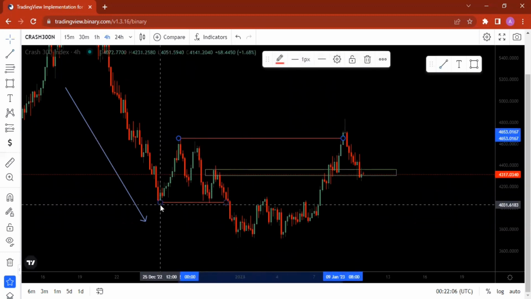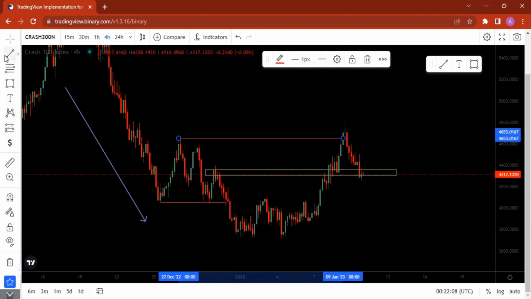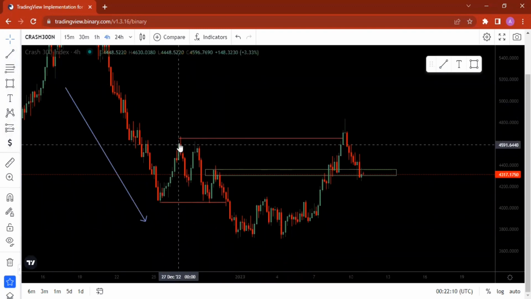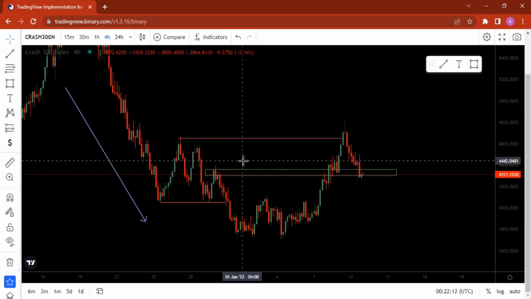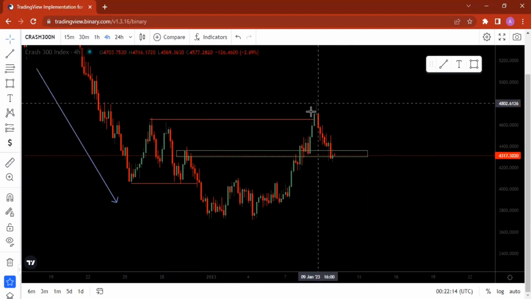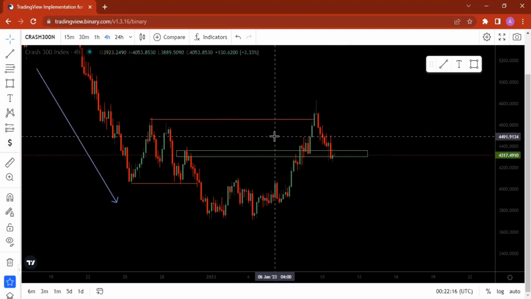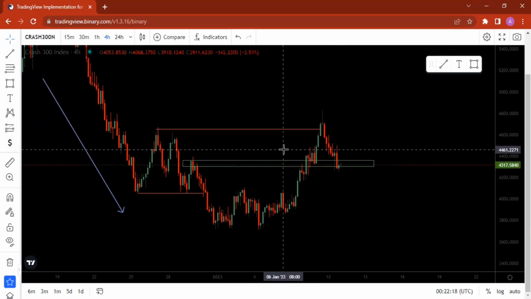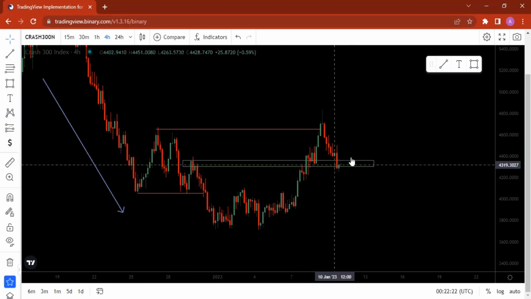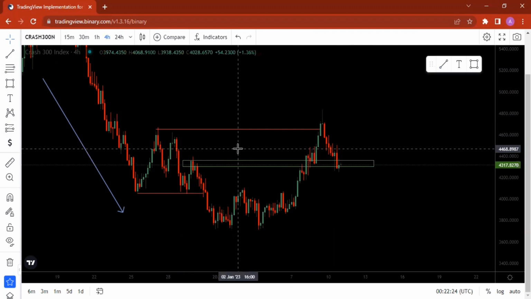Price took out the previous low, and then from here you can see that price was able to break this high over here. So we have a break in structure. It means the next thing we might have is a retracement, and then the bullish move might continue, because this break of structure is also trying to tell us that we might have a change in trend.